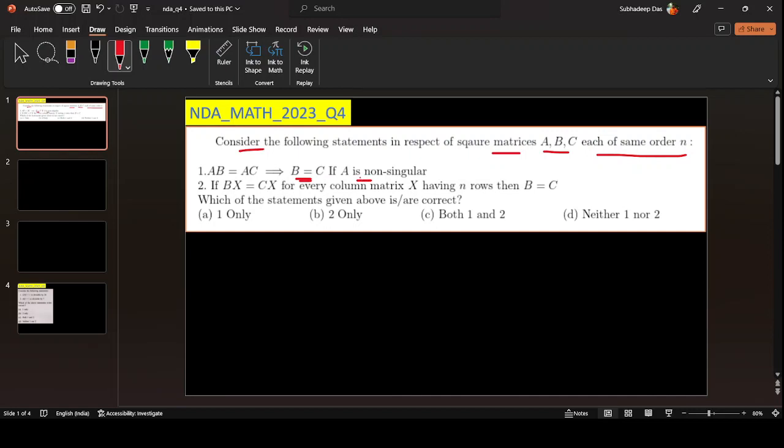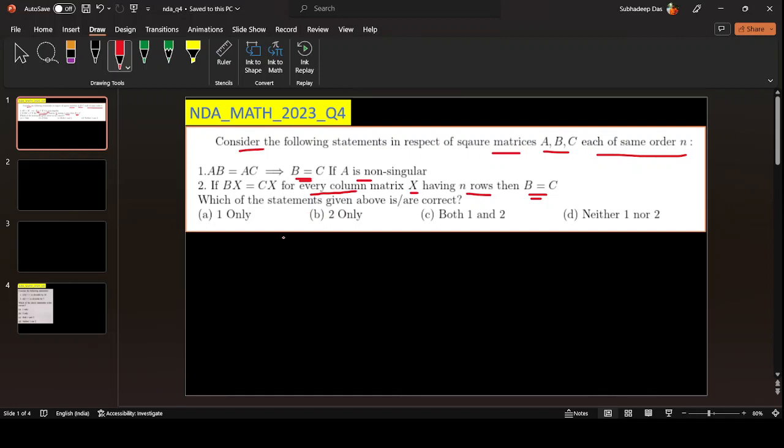The second statement: if Bx equals Cx for every column matrix X having n rows, then B equals C. We have to state which of the statements is or are correct.